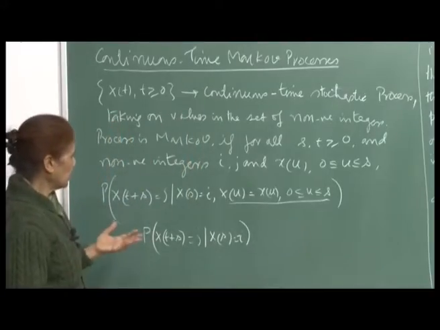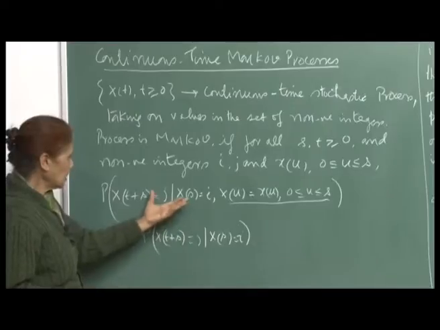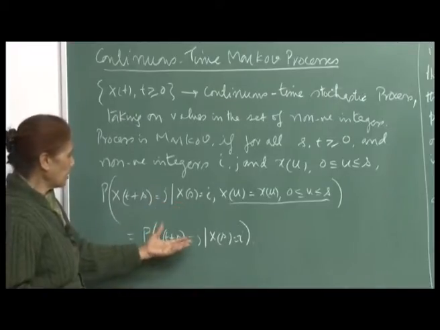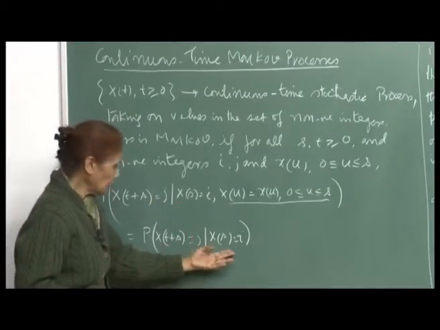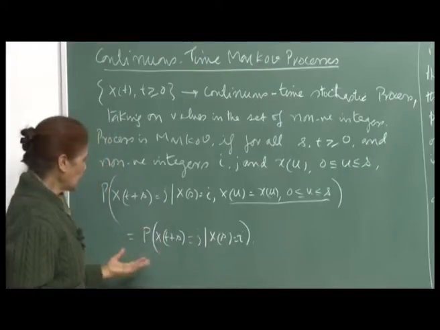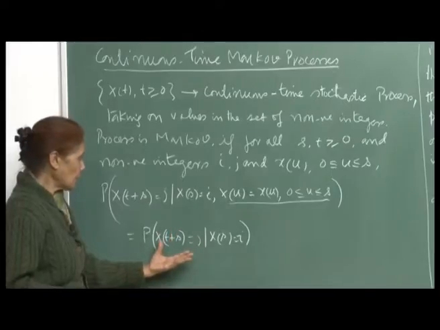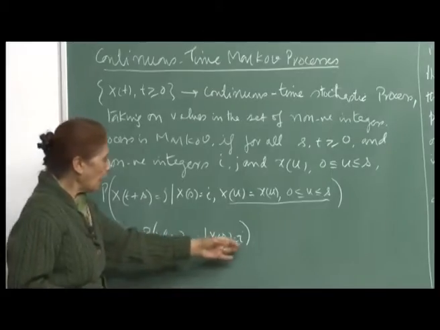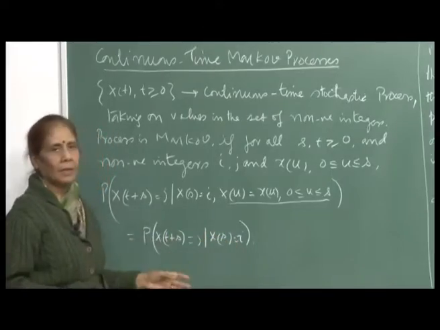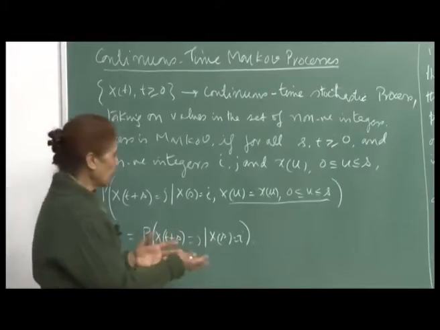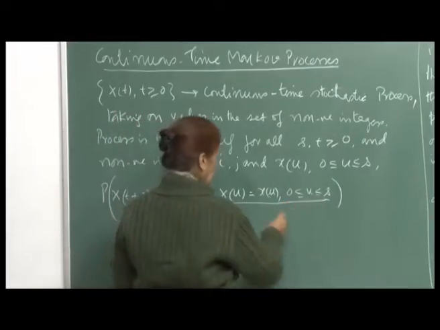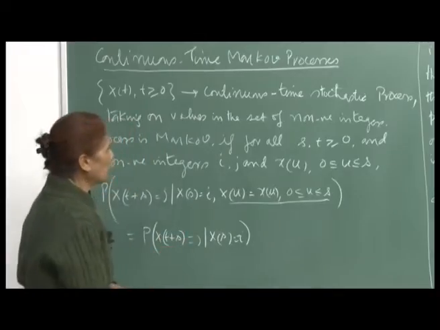This probability will only depend on the present state, and then after time t it is occupying state j. So, this probability is independent of how you reached state i at time s. Whatever happened between 0 and s is immaterial.